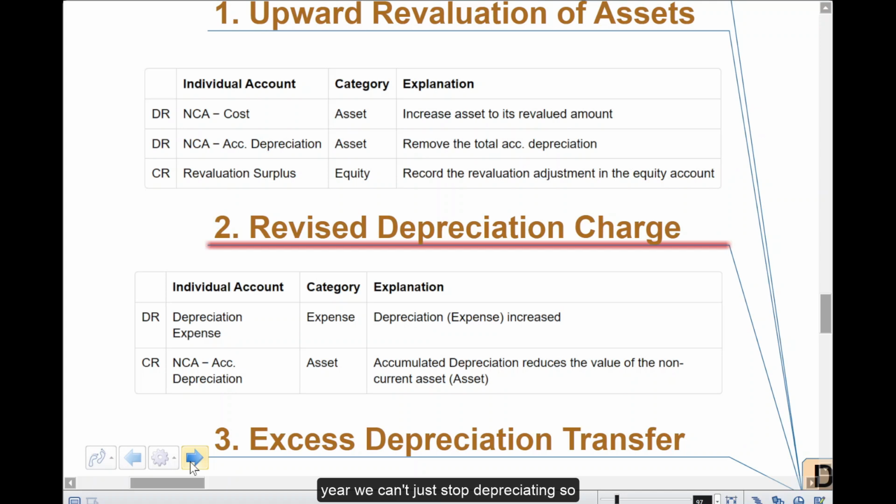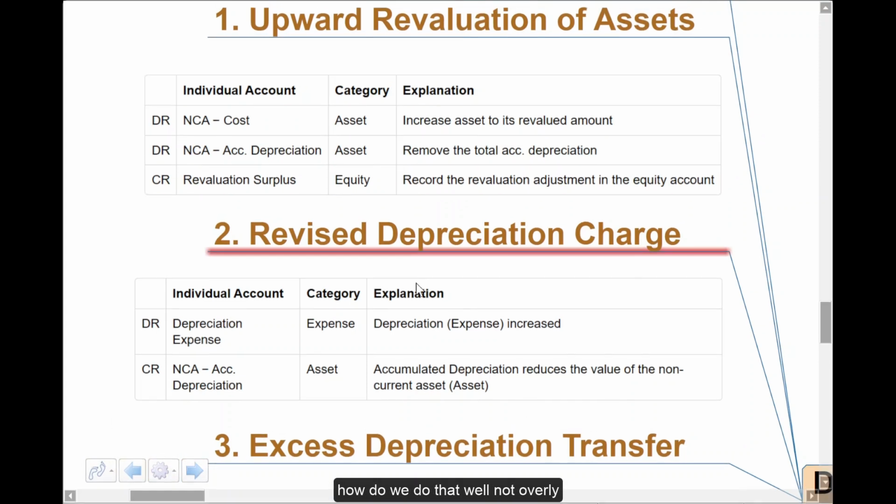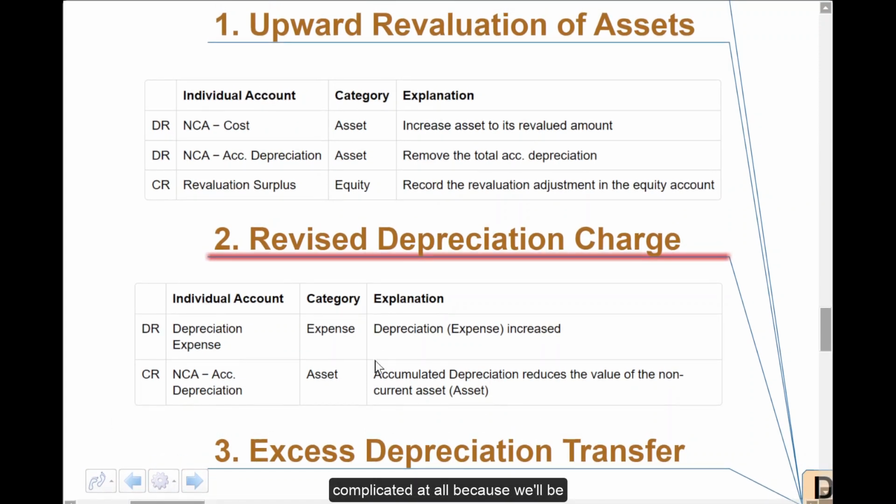We can't just stop depreciating. So how do we do that? Well, not overly complicated at all, because we'll be given information in the question about the revised, let's say, useful life, or indeed possibly a change in the depreciation method or rate.